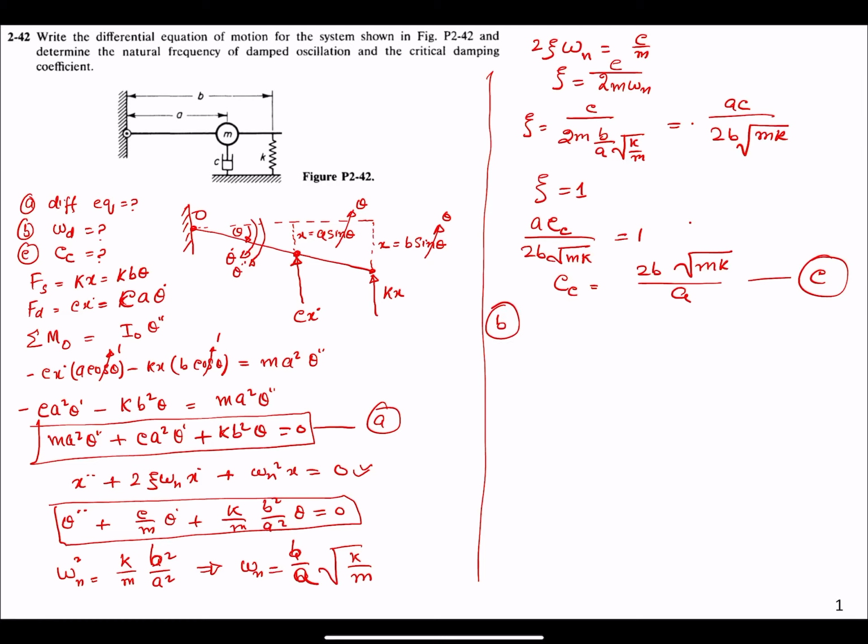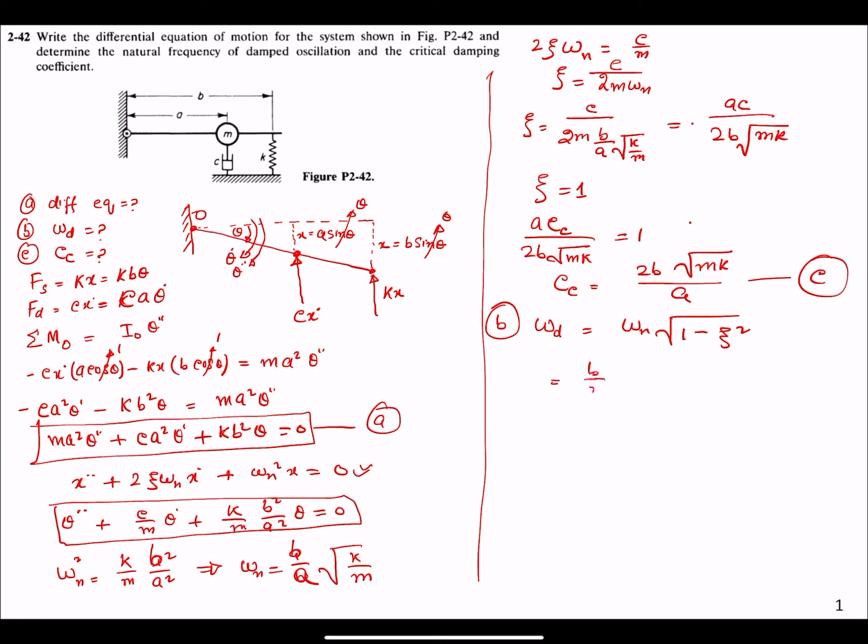Part B is to calculate omega d, and we know that omega d is omega n times the square root of 1 minus zeta square. We know the value of omega n and the value of zeta, so you can put the values there.